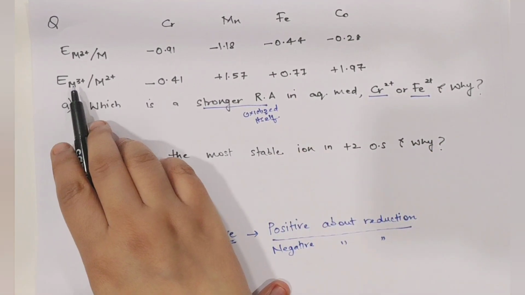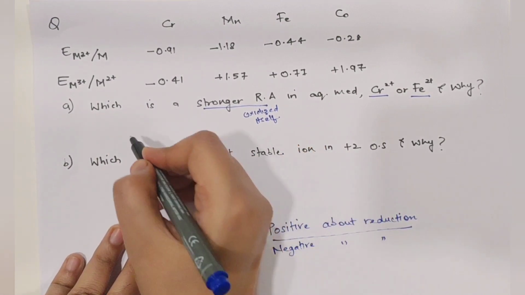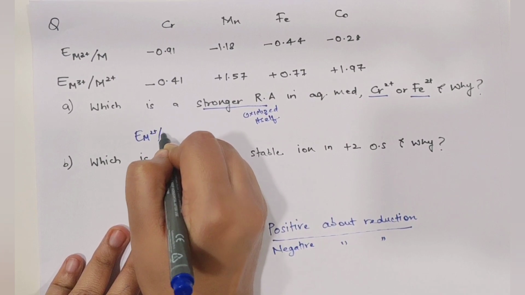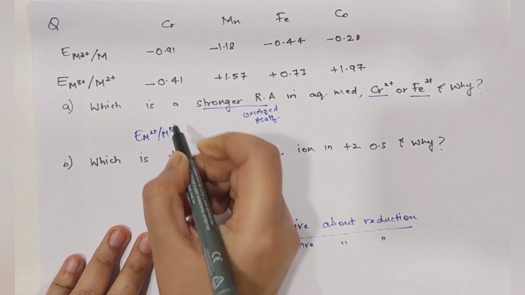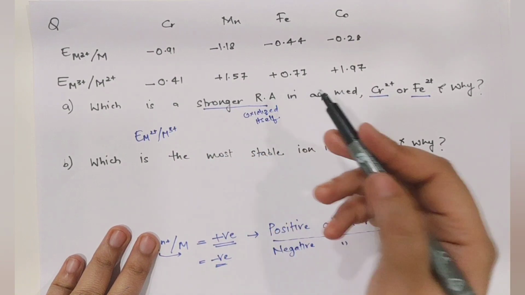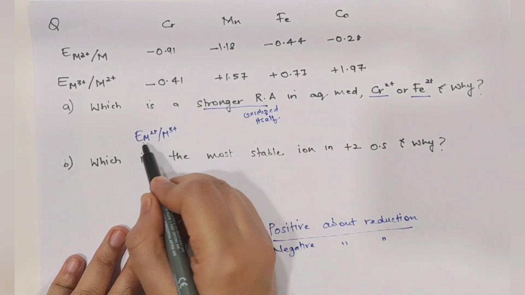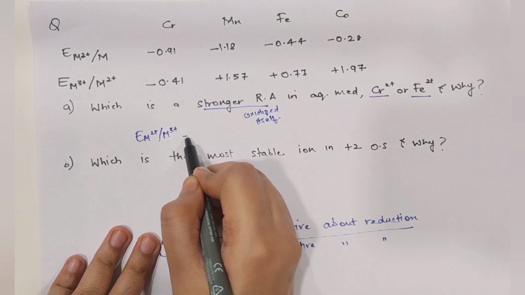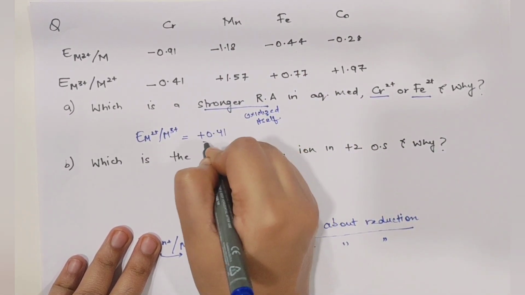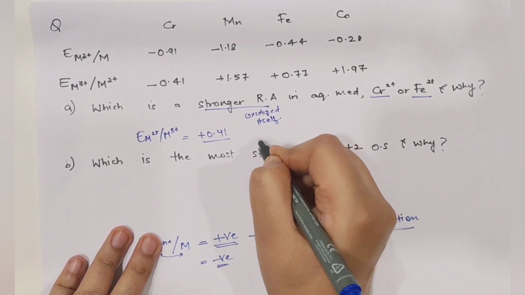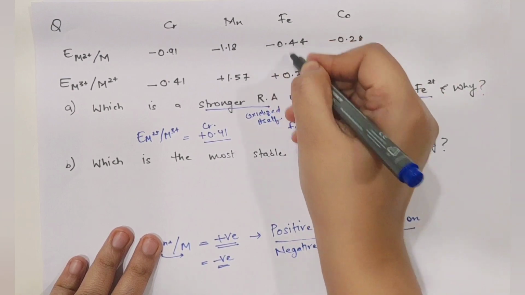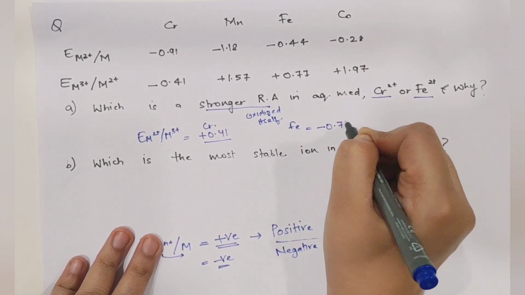If I flip the values, writing M2+ to M3+ as an oxidation potential, the sign gets reversed. So the oxidation potential for chromium would now be positive 0.41, and for iron it would be negative 0.77.